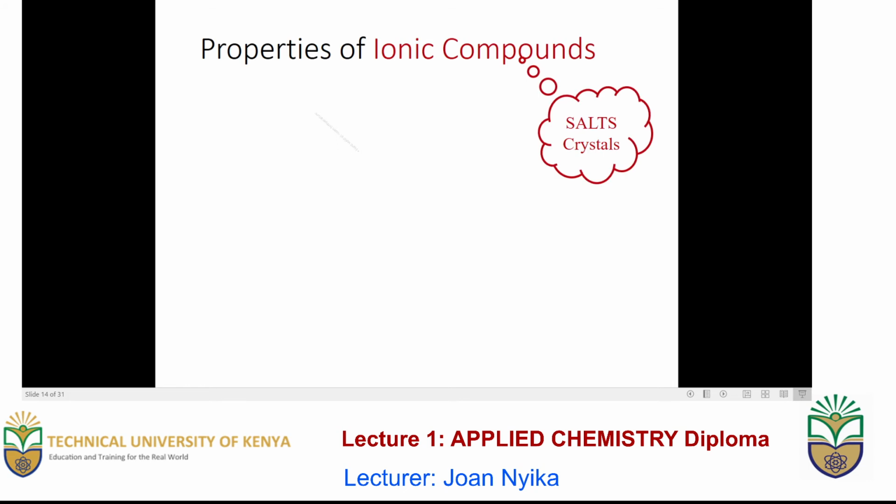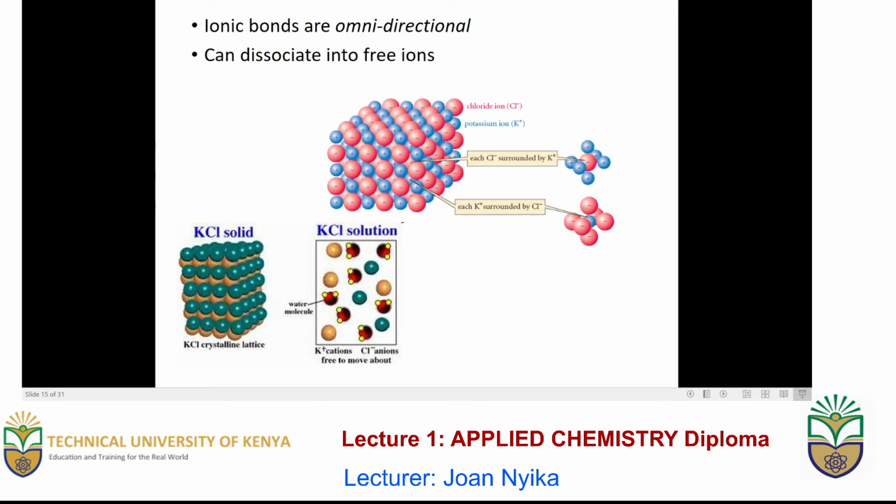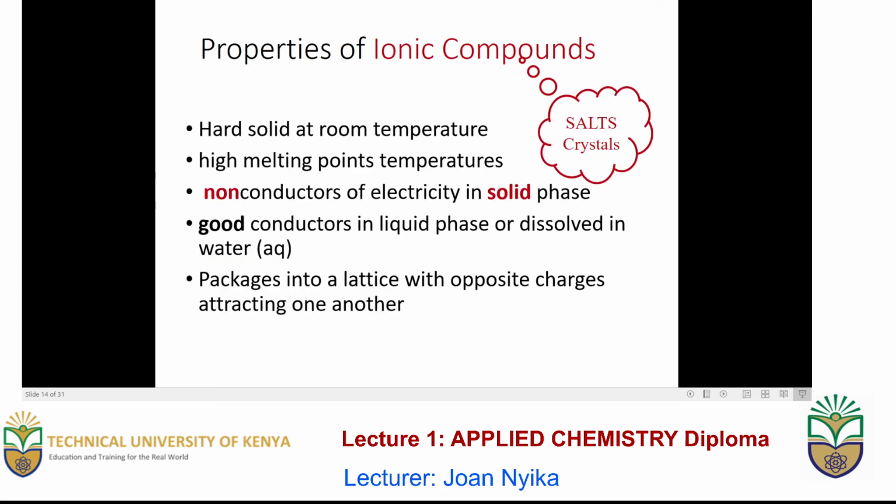What are the properties of these ionic compounds or salts, what we are referring to simply as crystals? Usually they are hard. They are hard solids at room temperature. They have high melting points and they are non-conductors of electricity in their solid state.